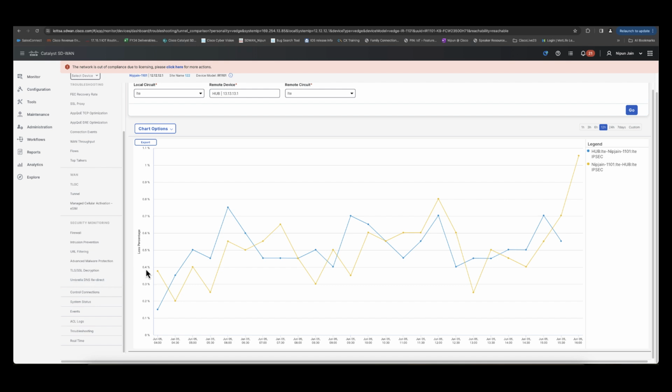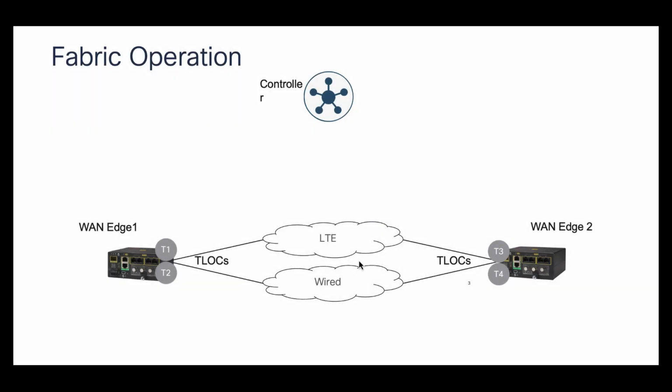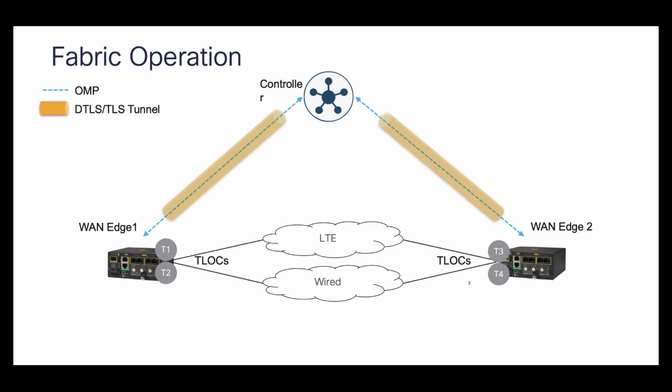Let's take a deeper look now. So we've checked the DTLS and control connections. We know that OMP is working because it's advertising routes. We know it has a control connection with the vSmarts and the controller basically.